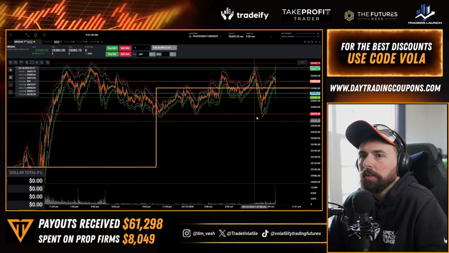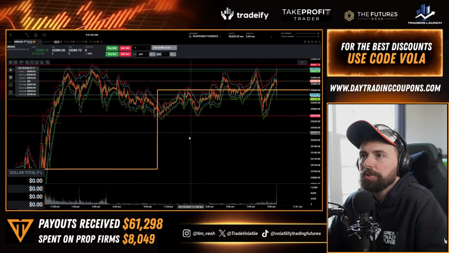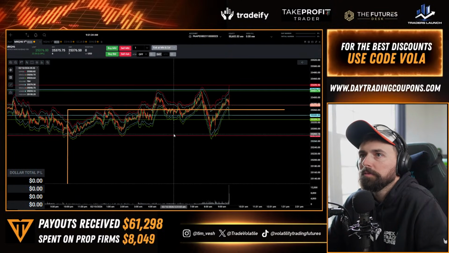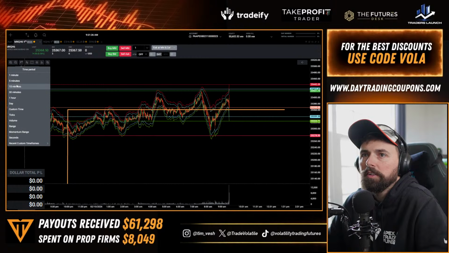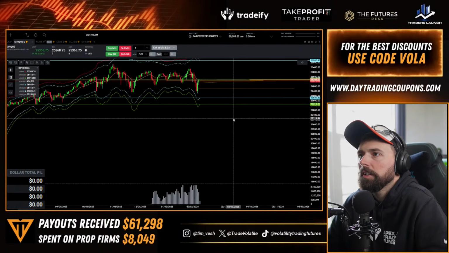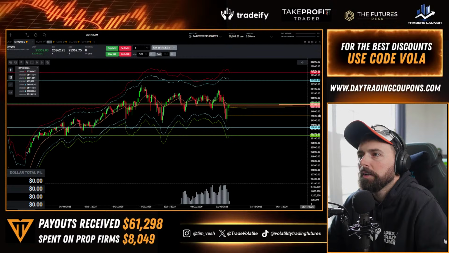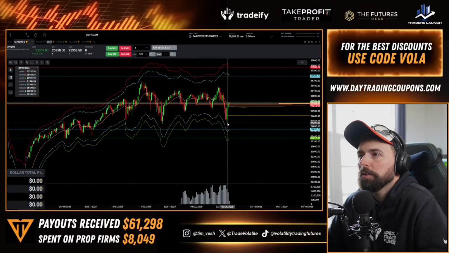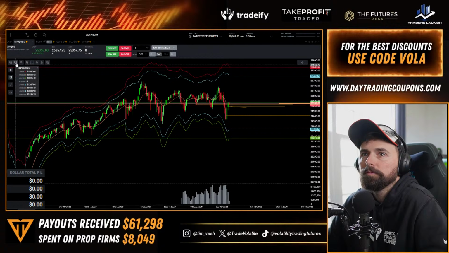The overnight looked like yesterday's action, just straight sideways overnight. Daily looks like it's trying to head back up. Nice bounce off the bottom here at that 200 level, 24.2.